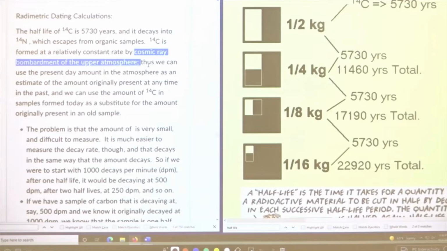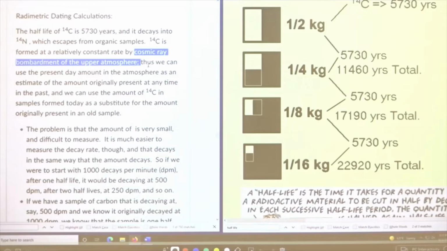And that means that we're always forming carbon-14 in the upper atmosphere. That means that over time, the amount of carbon-14 in the atmosphere stays pretty constant. And that means that if we measure the amount of carbon-14 in the atmosphere, that is the same as the amount of carbon-14 in any sample when it started. Okay, so that's the original amount.